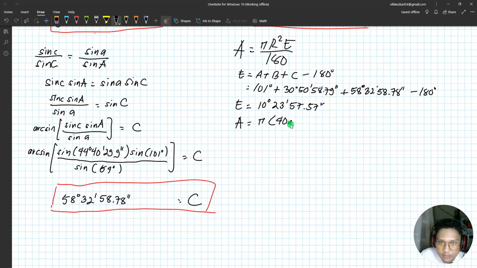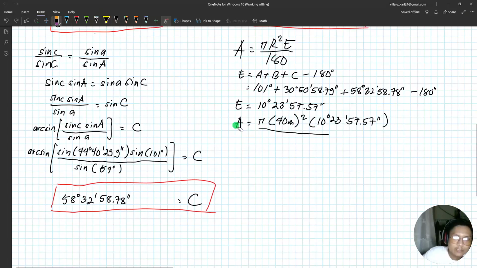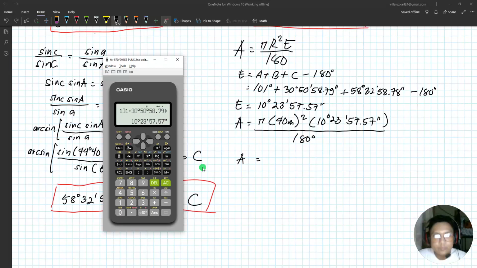Now substitute here. We have 40 meters as the radius, so pi times 40 squared times 10 degrees, 23 minutes, and 57.57 seconds, divided by 180. Solve: 40 squared times 10 degrees, 23, 57.57 over 180.